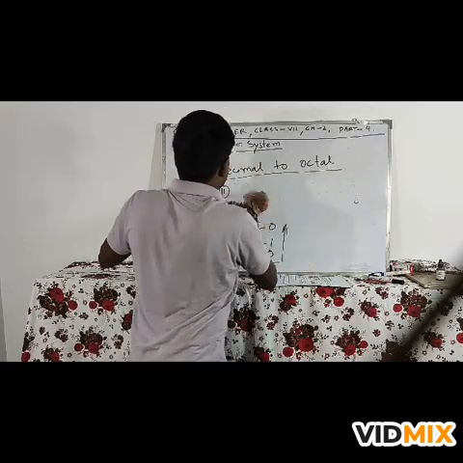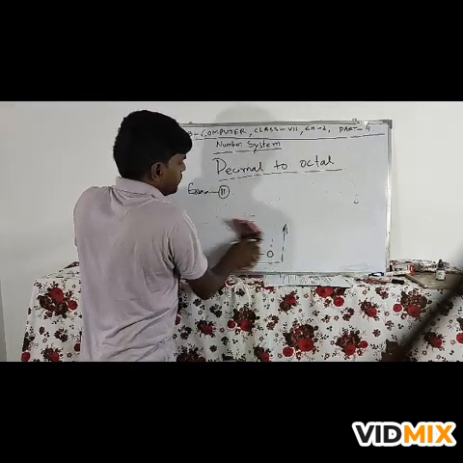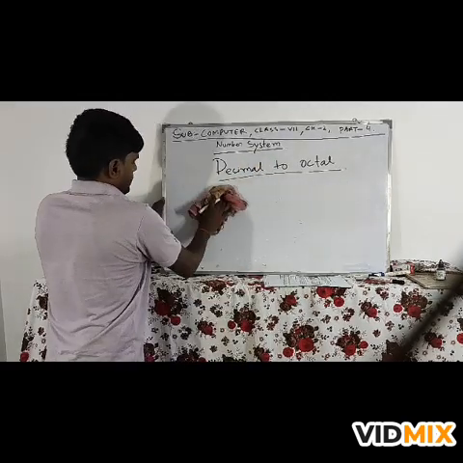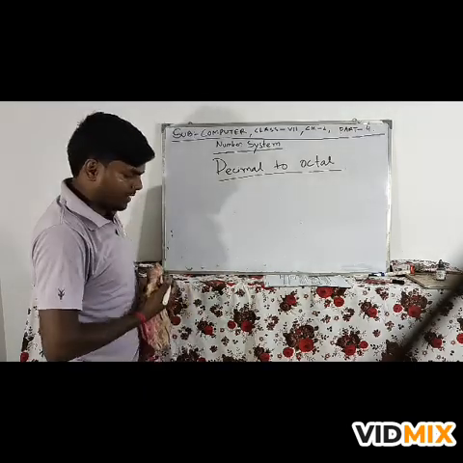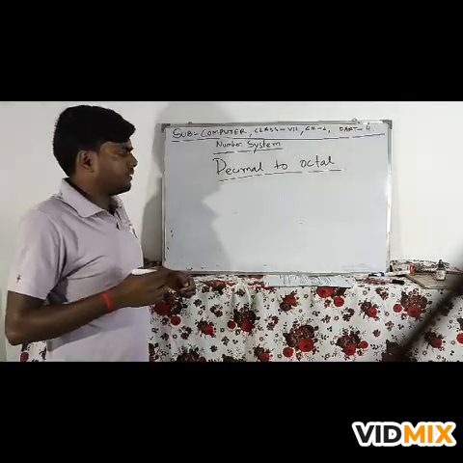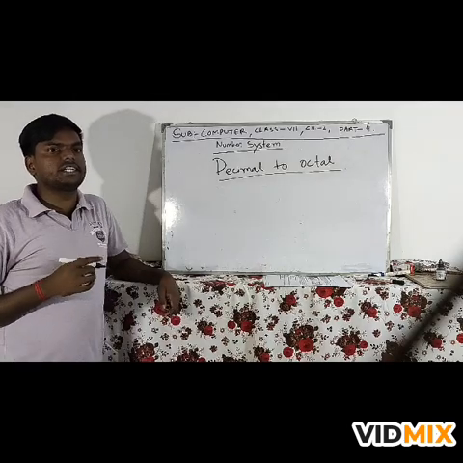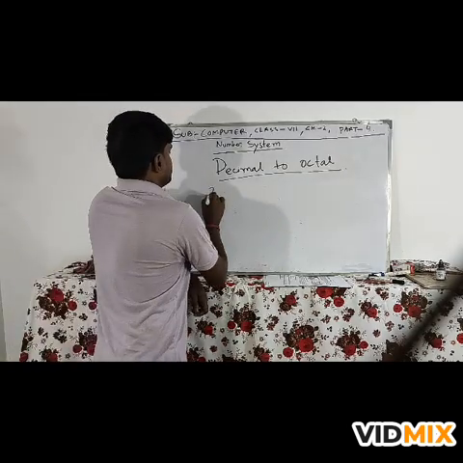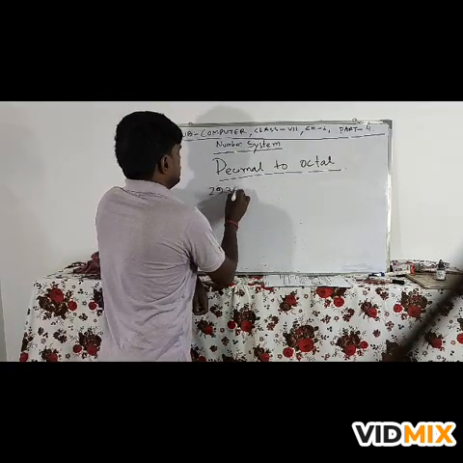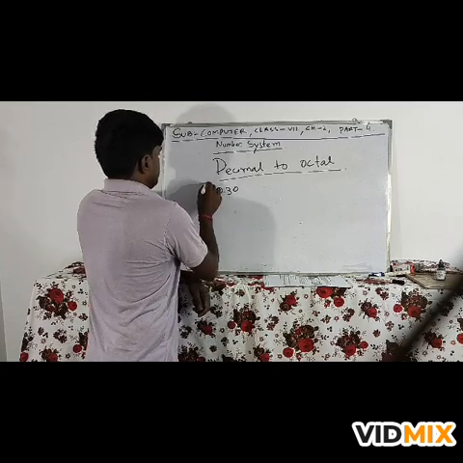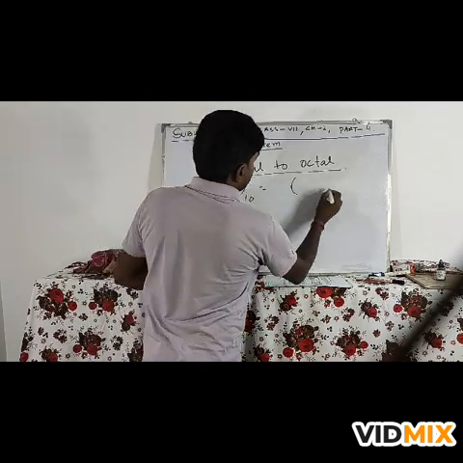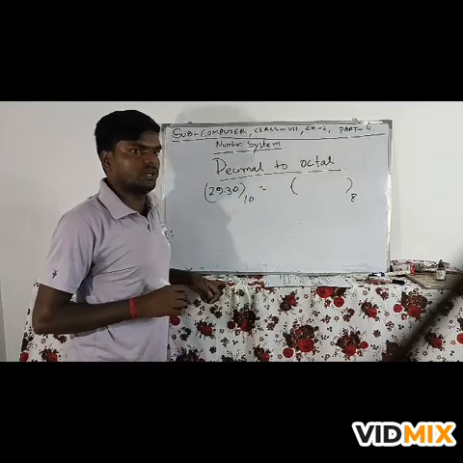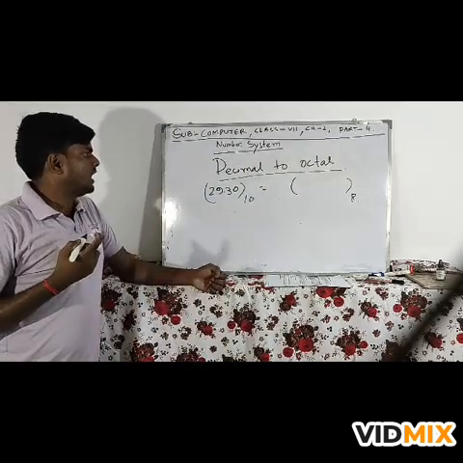Now fraction conversion, how to solve a mixed number. Suppose we take 29.30. We'll convert this decimal to octal.